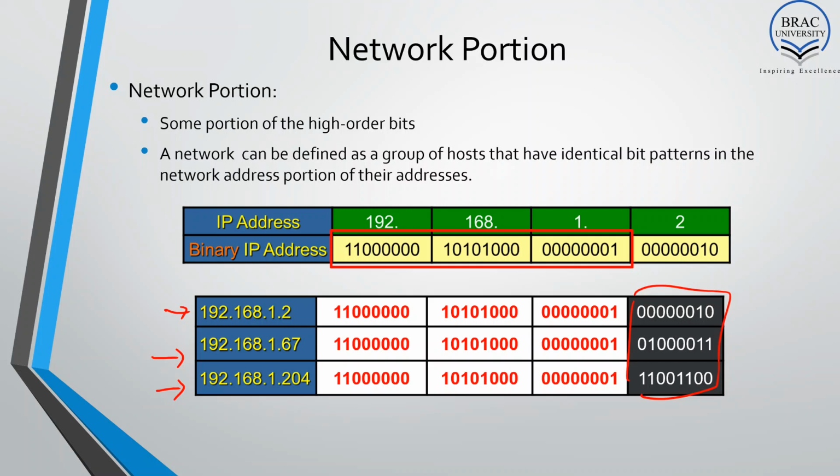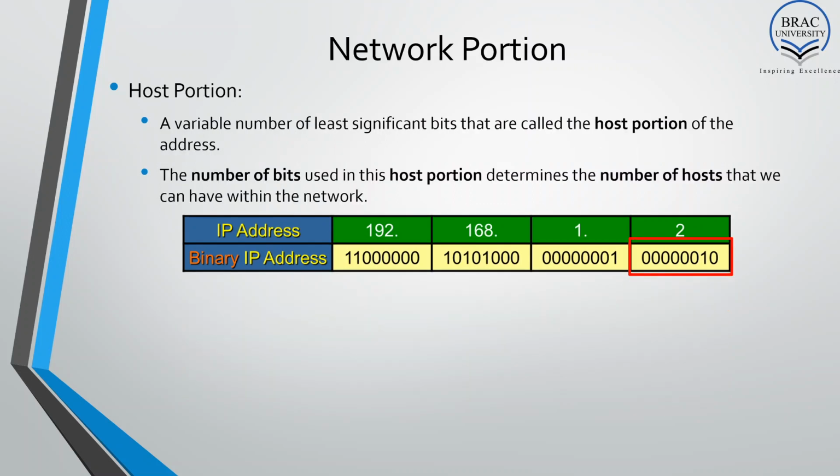If you notice, we are always breaking off at the 24th bit, right here. Don't bother about it. By default, hold it as 24 bits right now. We are going to soon know why it's 24 bits. The host portion, the title is wrong, is the rest of the IP address. Since the first 24 bits are network, the last 8 bits are the host.